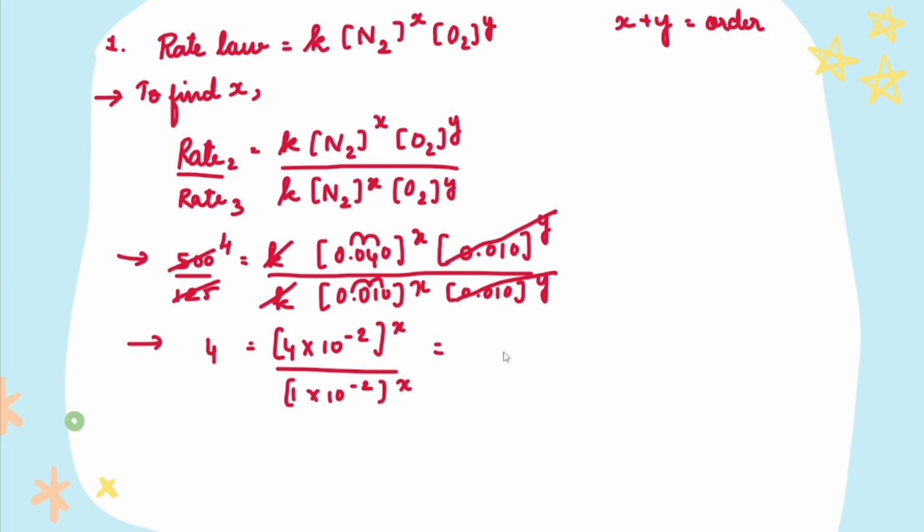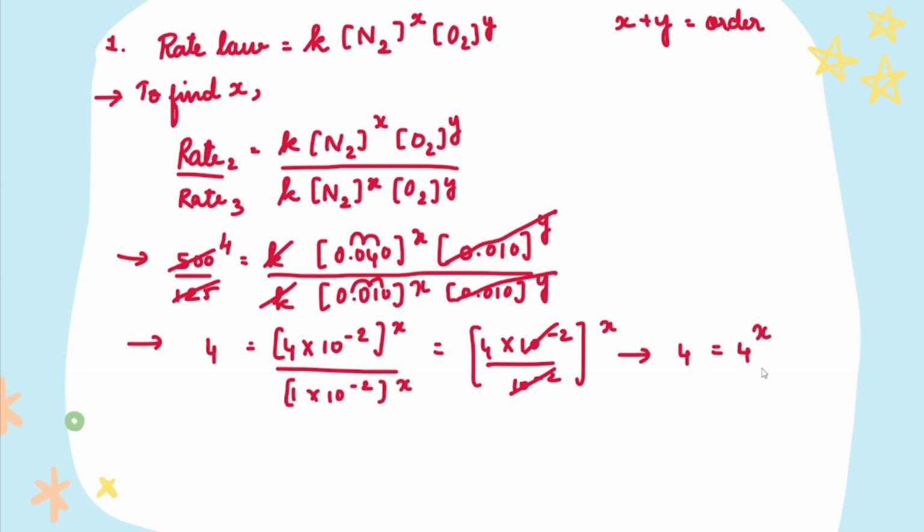As these are both the same, we can put it as the whole bracket to the power x: 4 into 10 to the power of minus 2 by 1 into 10 to the power of minus 2. This and this will cancel. So 4 is equal to 4 to the power x.